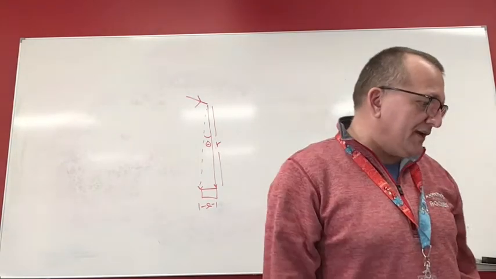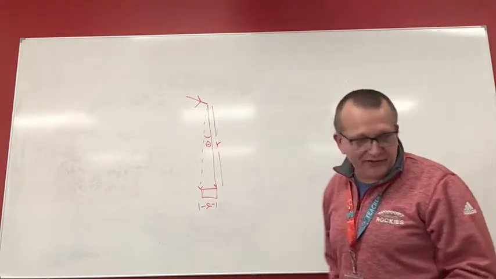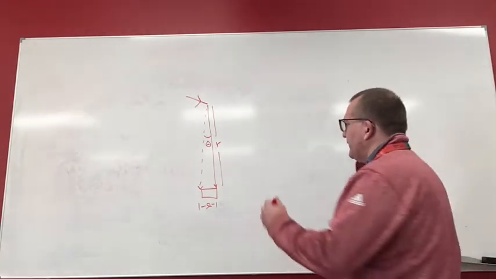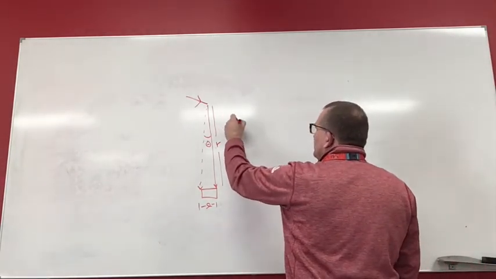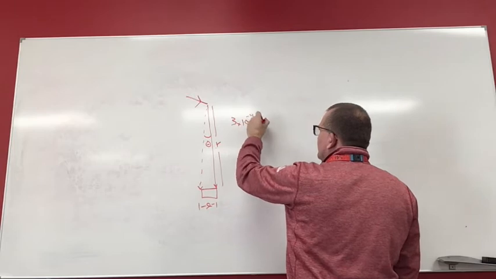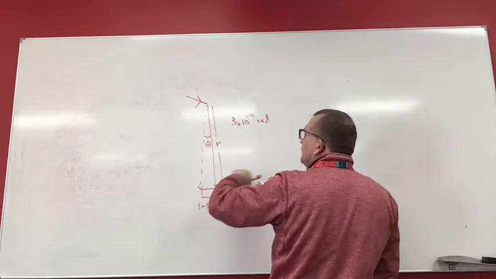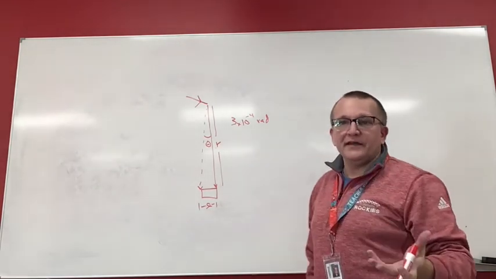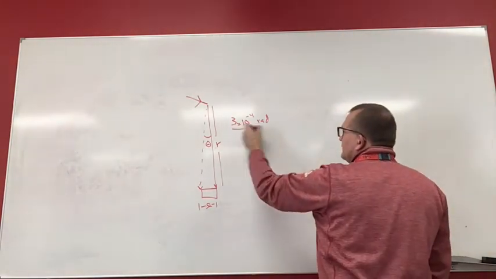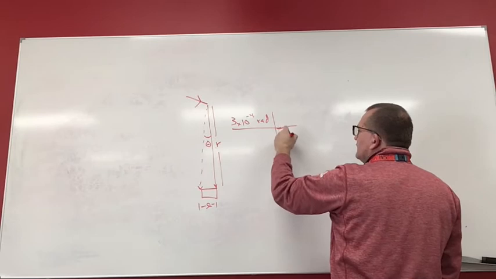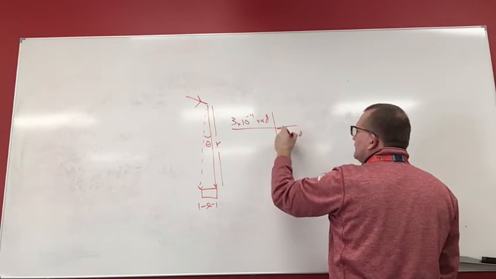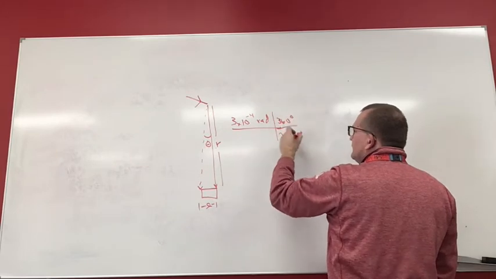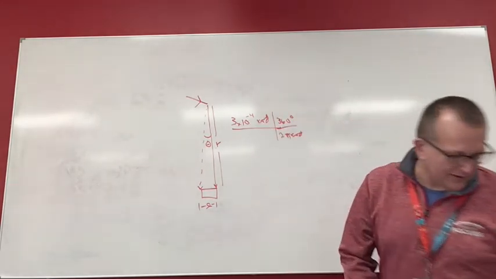So first step is I have to convert radians to degrees, and it says it's 3 times 10 to the negative 4 radians. So all the way around is 360 degrees, which means 2 pi radians is 360 degrees. So I calculate all this out.